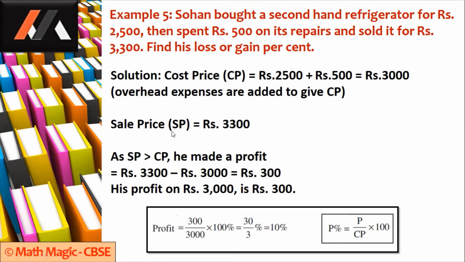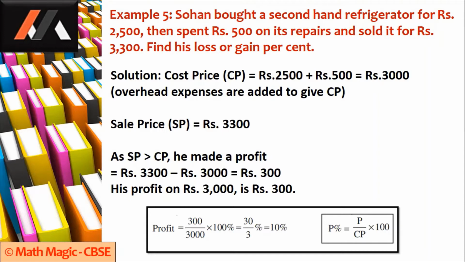Now the sale price. The price at which Sohan sells the refrigerator is the sale price, rupees 3,300. Here we can see the sale price is more than his own expenditure, the expense of buying the refrigerator and repairing it, a total of 3,000.